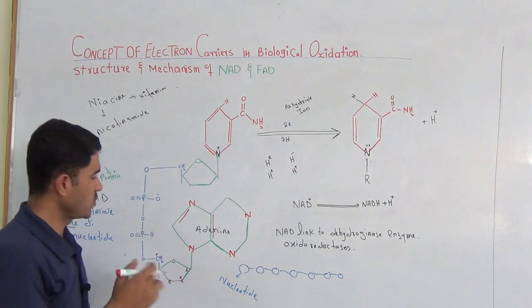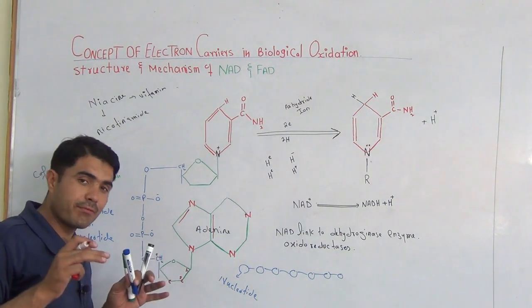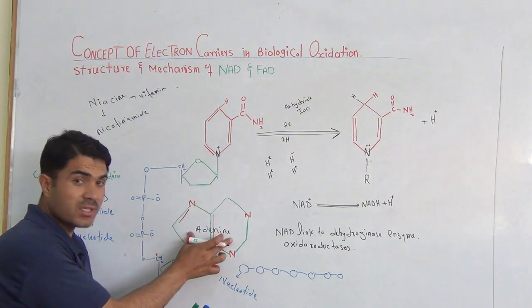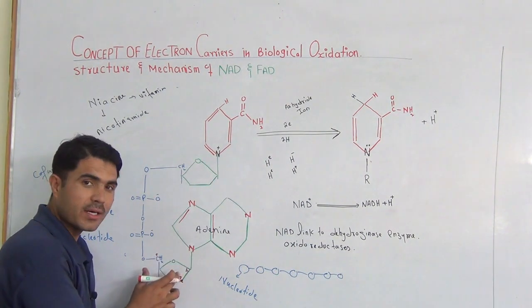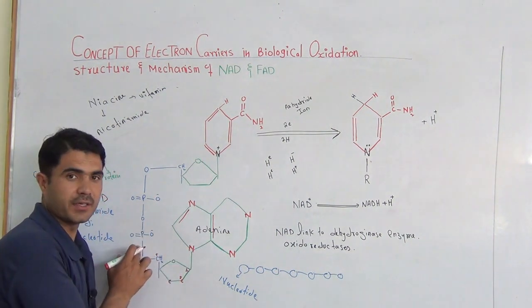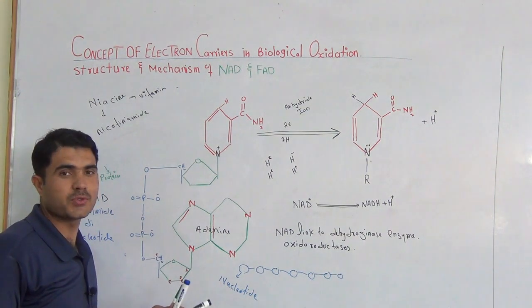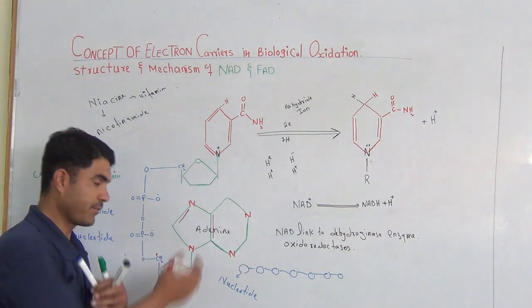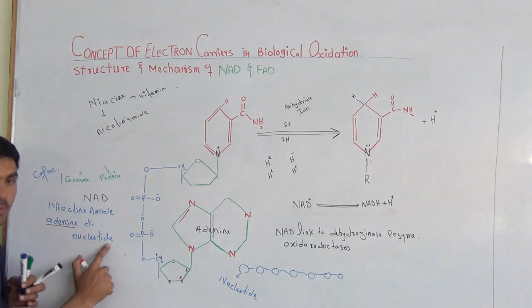Don't worry about 1 or 2 phosphates. At least now we find that there are 3 components: the nitrogenous base adenine, sugar, and the phosphate. When 3 groups come together, we call it a nucleotide. So here is the word nucleotide.